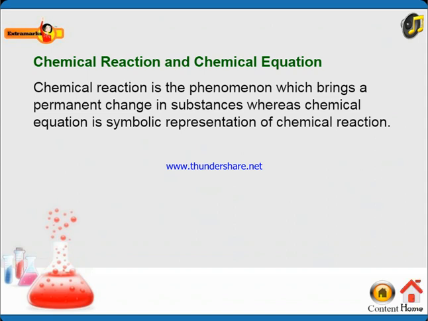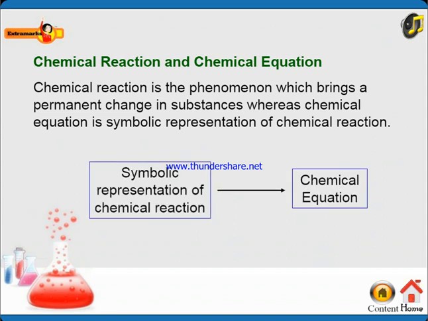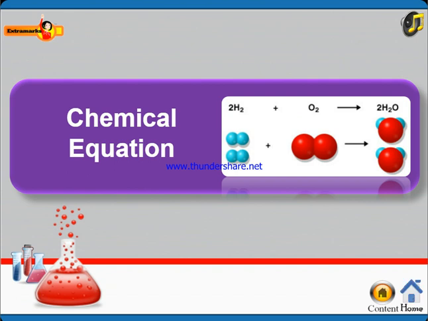Chemical reaction is the phenomenon which brings a permanent change in substances, whereas chemical equation is symbolic representation of chemical reaction. Let us study about the chemical equation.